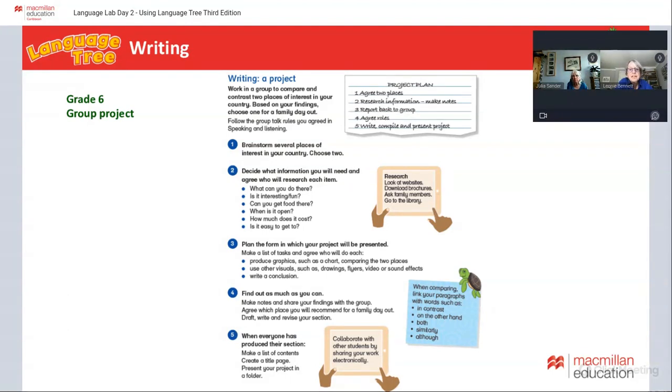Earlier in the unit, in the listening and skills section, students were asked to discuss and agree. They had to come up with their agreed rules for group work about listening to each other, not interrupting, things like that. And now they're being asked to put those guidelines that they developed into practice in their own group project. You can see 2 IT icons on this page.